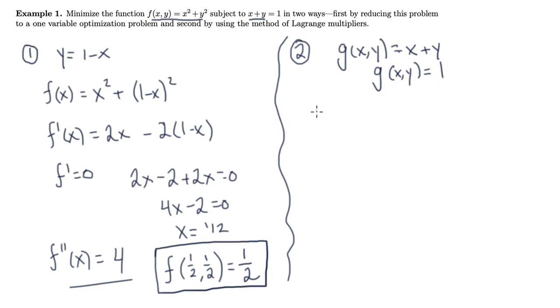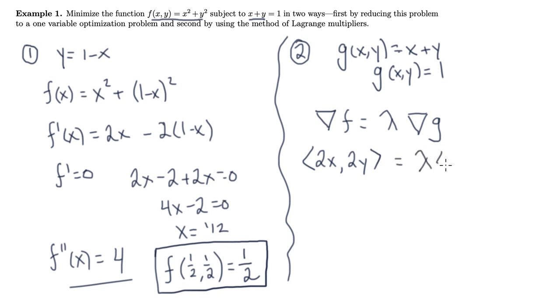Okay, so let's set the gradient of f equal to our Lagrange multiplier lambda times the gradient of g. So the gradient of f is 2x, so partial with respect to x, comma 2y, partial with respect to y. And that should equal lambda times the gradient of g, which is 1, 1.